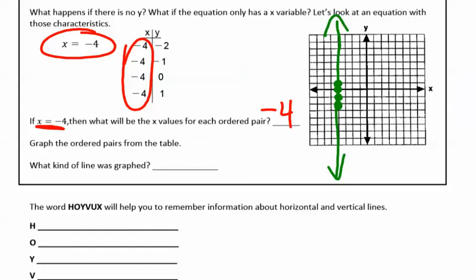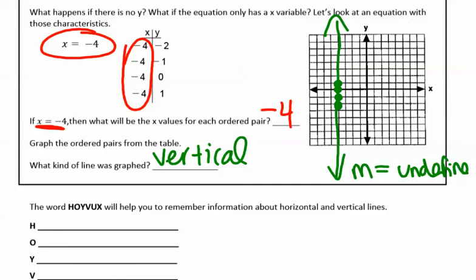Now, what kind of line did we graph for this equation? All right, we graphed a vertical line. And what kind of slope do we have for this vertical line? Remember, vertical lines have an undefined slope. Now, if we pick 2 points, say I pick this point, and I pick this point.